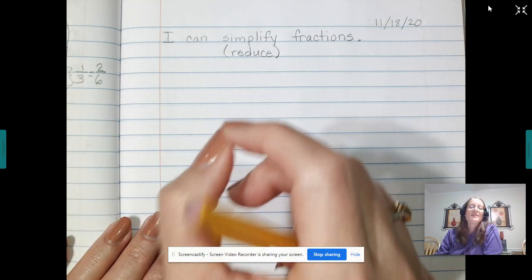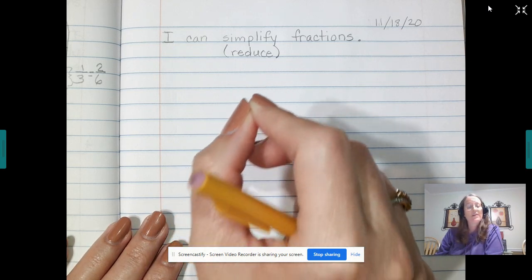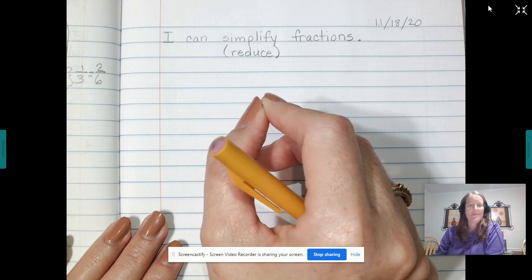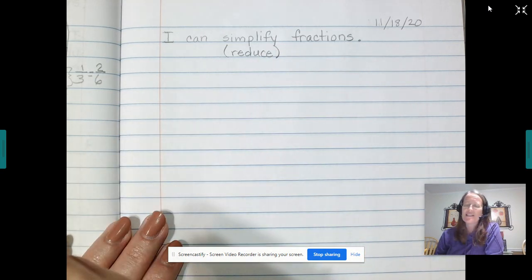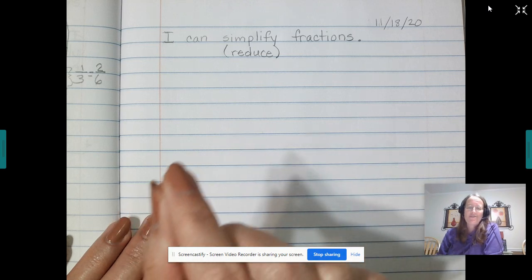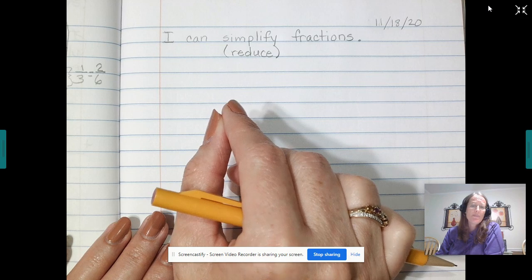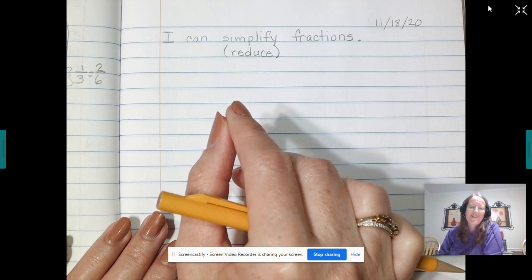When we are doing that, we are also creating equivalent fractions. And you're going to see exactly what I'm talking about in just a few seconds. Simplifying fractions is a lot more simple than you think.